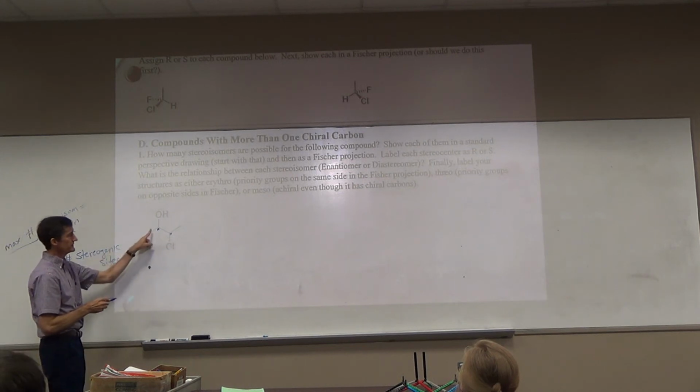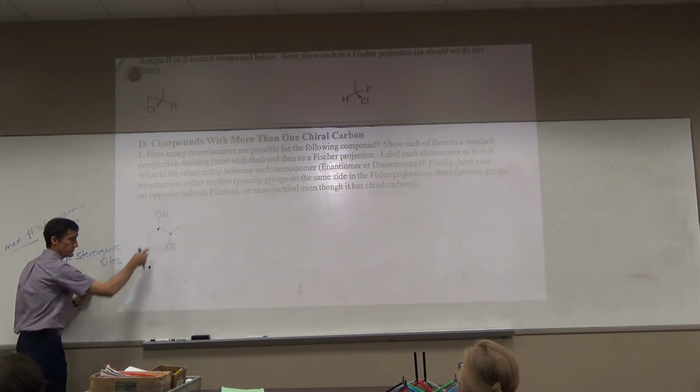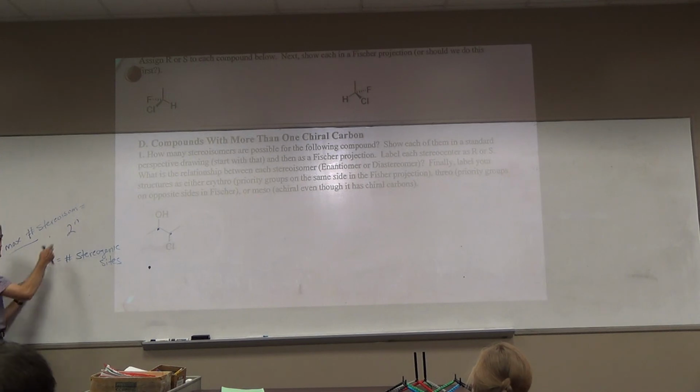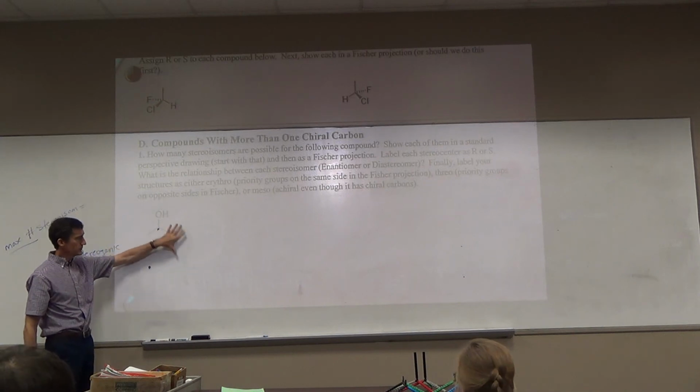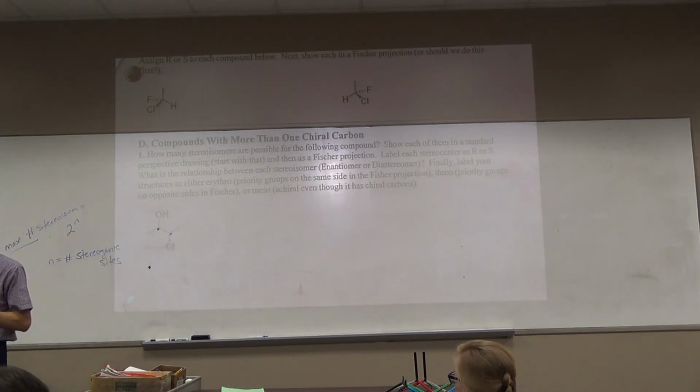How many stereogenic sites here? 2 chiral carbons. 2 to the n is what? 4. Yeah. 4 is the max. Should it be less than 4? We're going to have to figure that out. Okay. Think about drawing Fischer projections here. We didn't do one today, but we'll certainly be doing all this on Friday.